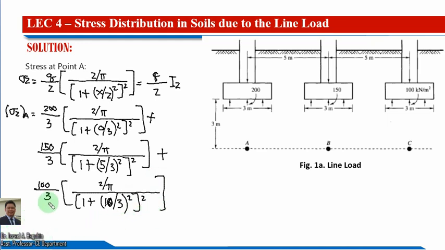After calculating this, we have this value of our sigma z at point A equal to about 45 kilopascal. Okay, so we have this vertical stress at point A equal to 45 kilopascal.